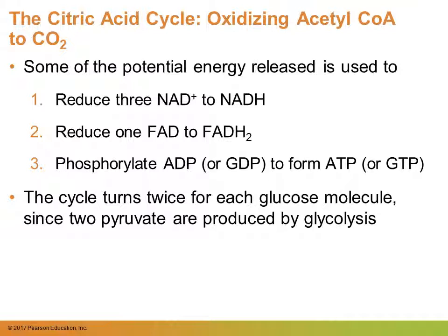Those electrons reduce NAD to NADH. They also reduce FAD to FADH2, and ADP is also converted to ATP. So there's substrate level phosphorylation in step 3. In other words, from the oxidation of acetyl-CoA, ATP is formed directly. So substrate level phosphorylation occurs in step 1, glycolysis, and in step 3, the citric acid cycle.